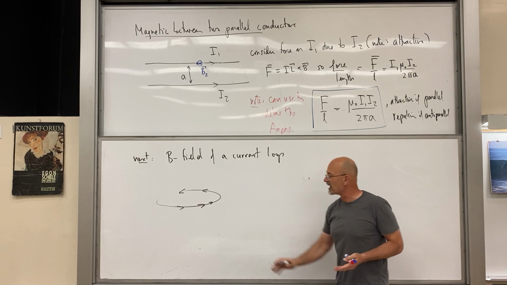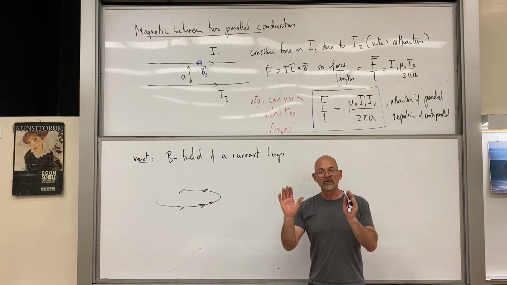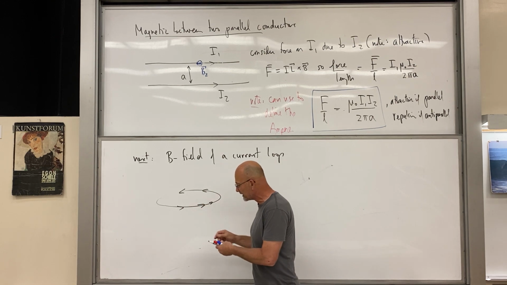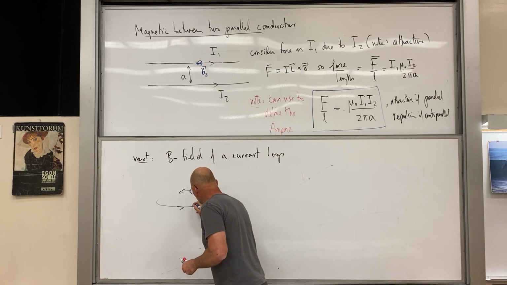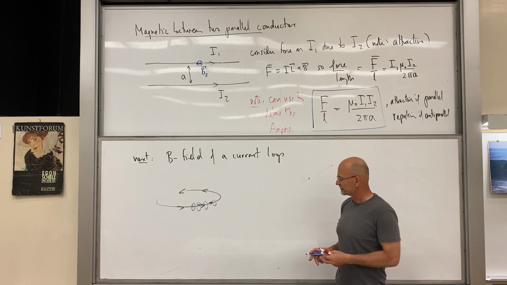Okay, we're looking at a loop on edge. And what we do is we use the same rule that we have for the infinite current, but we just imagine we're very close to this, and then there will be little concentric circles of B field, okay, going around the whole thing.